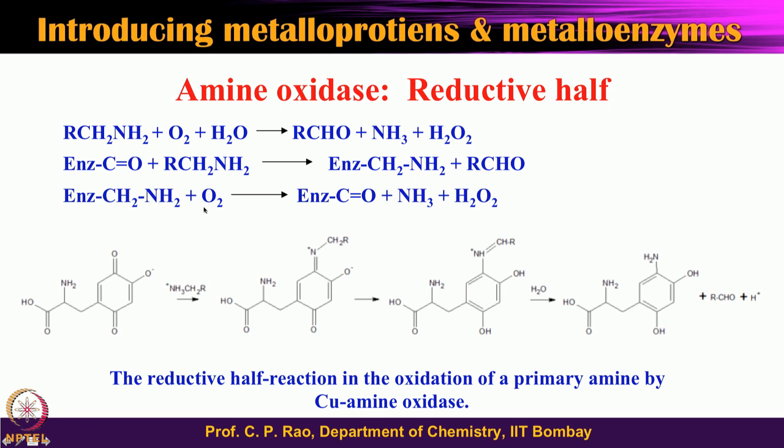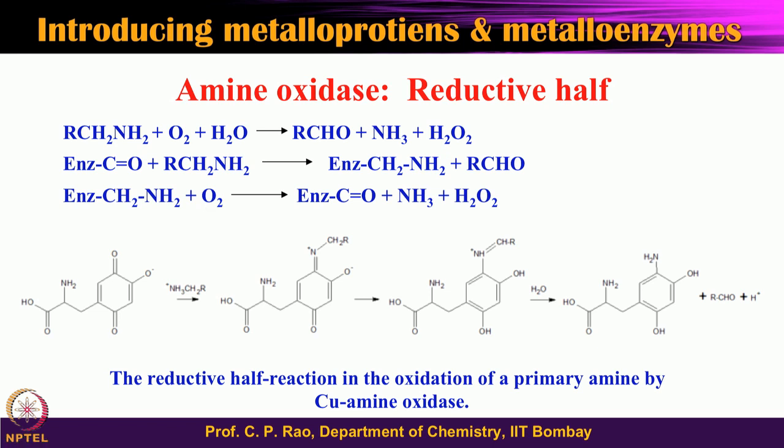The reduced enzyme is reoxidized by O2 to get back to its normal state, and that will release the ammonia and the H2O2 also. At this stage the aldehyde is formed, but the ammonia is not released. For the release you need to reoxidize the enzyme, just like the earlier case.